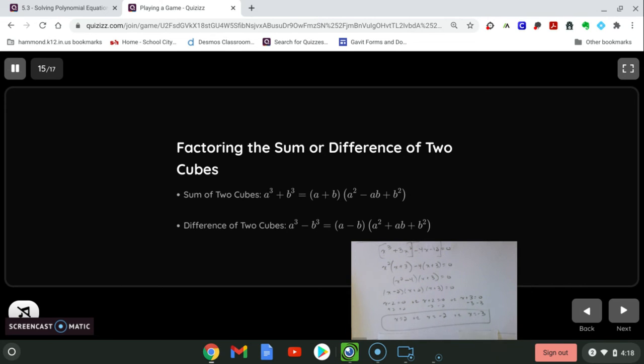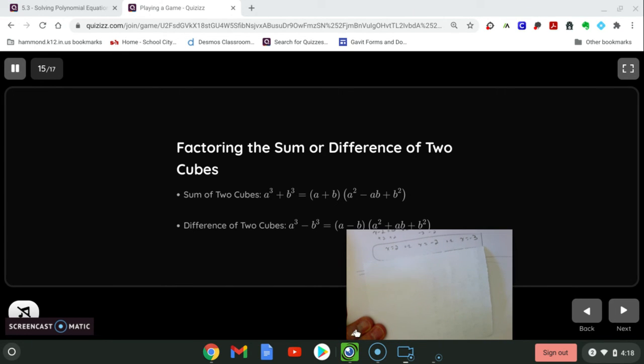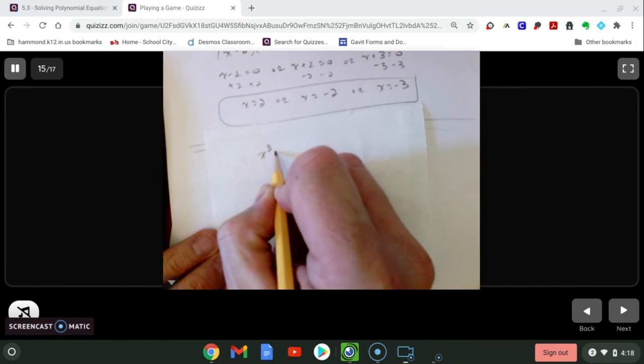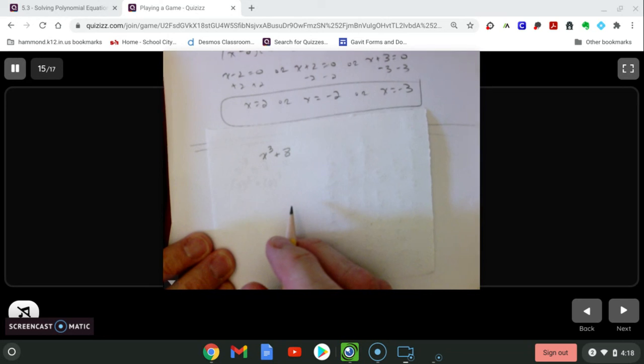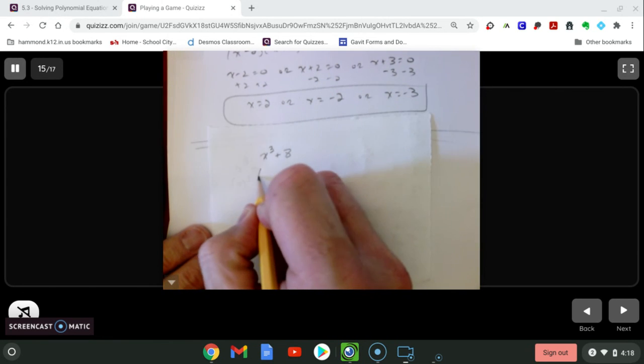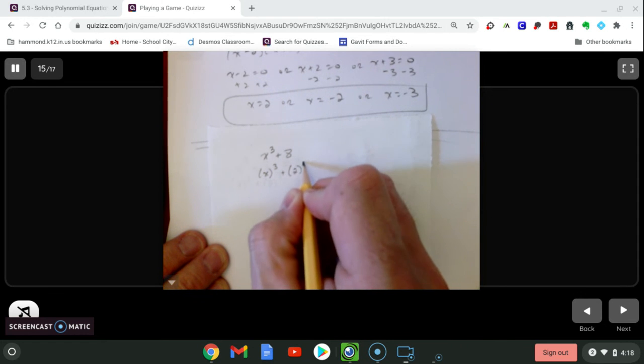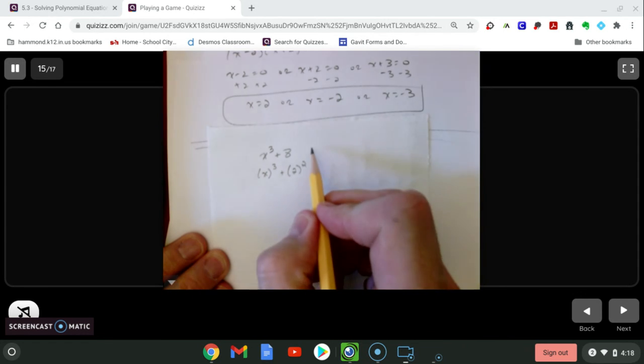So let's look at an example. If we had x to the third plus 8. So x to the third is x raised to the third power. 8 is 2 raised to the third power.